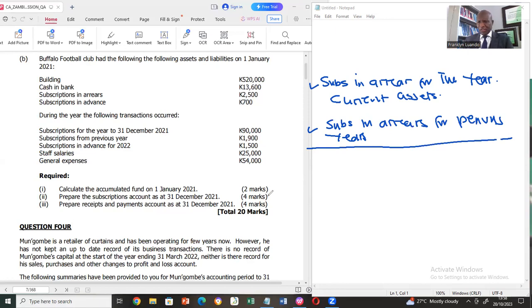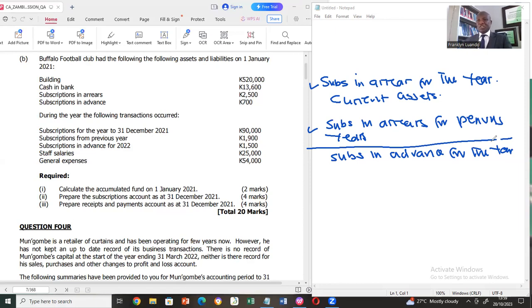Then I come to subscriptions in advance for the year. These are amounts received now for the coming year.